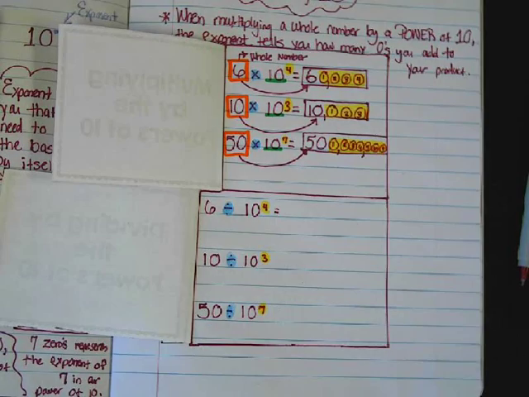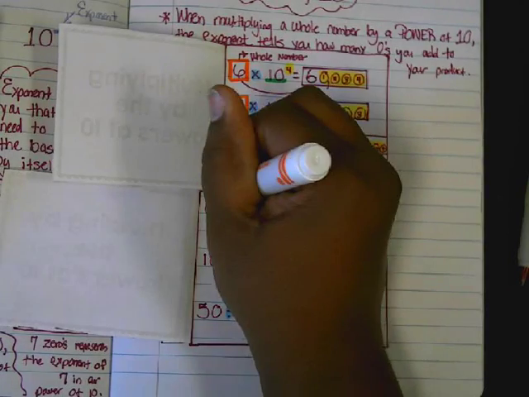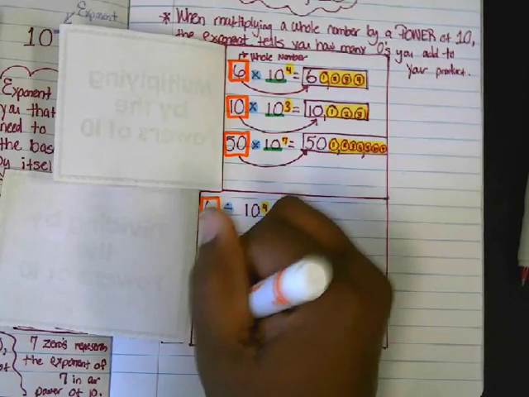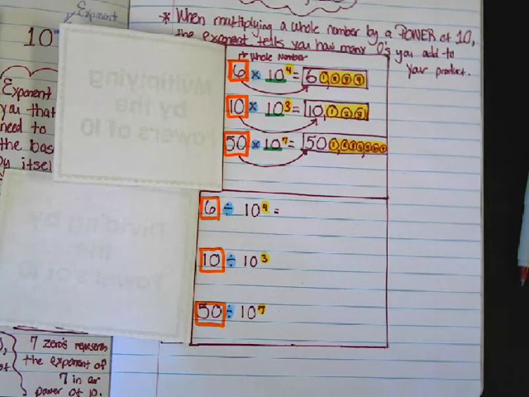Now what we have is a whole number, the same thing we had there, and I want you guys to go ahead and take your marker, whatever color you're using to box in your whole numbers, do that for this as well for division. All right? Now, 6 divided by 10 to the 4th power.